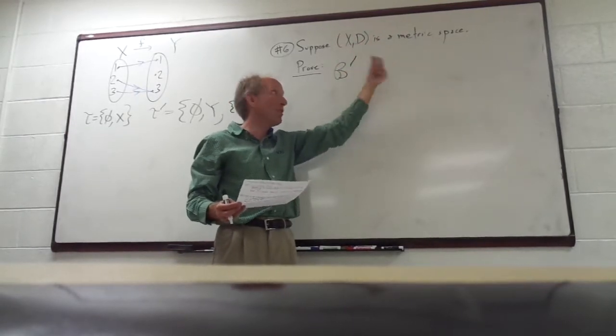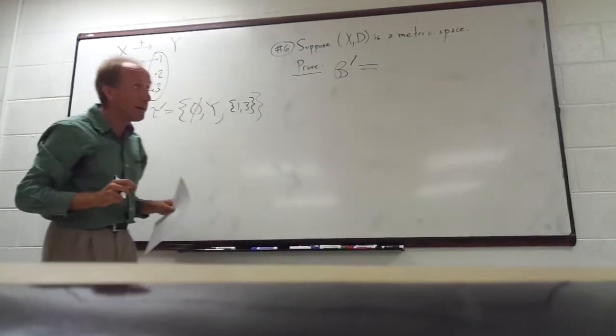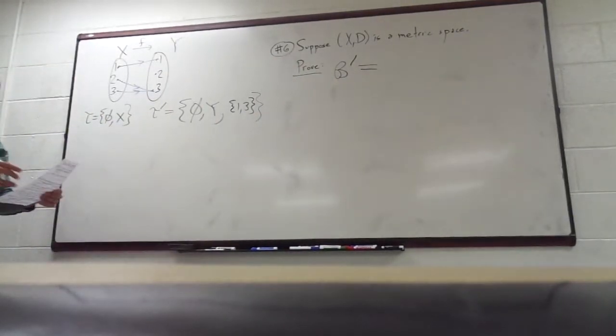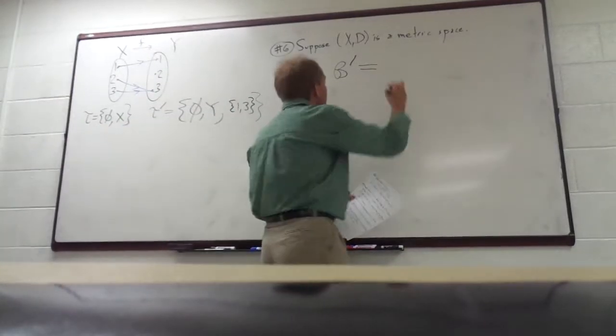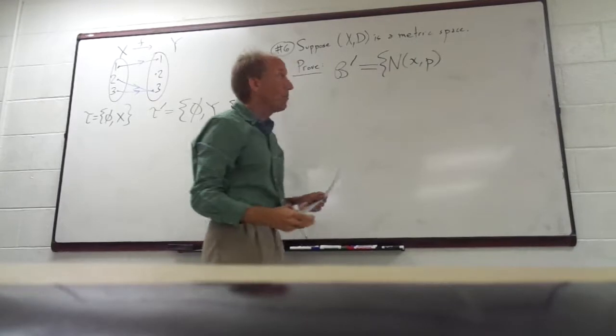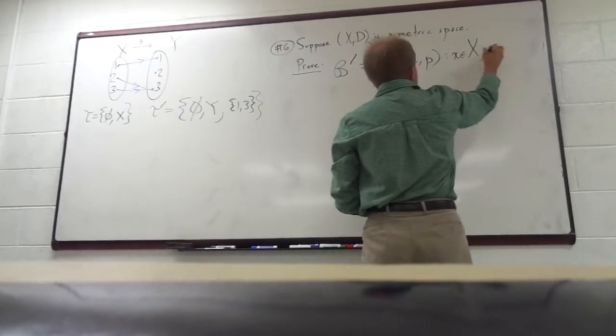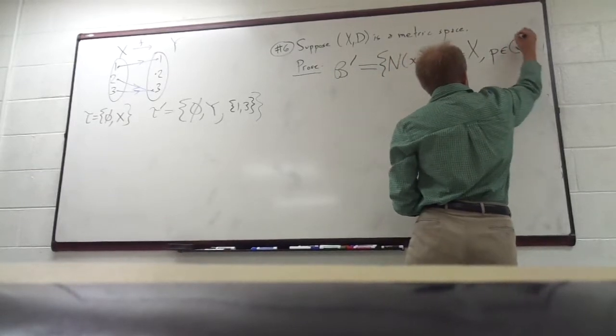What I'm going to do is make script B smaller, call it B prime, and say that these are just the neighborhoods around x of some radius p, such that x is in X, and p is a rational number.